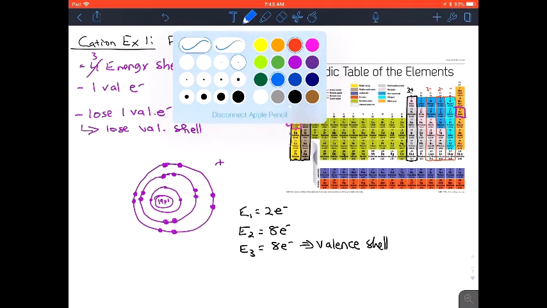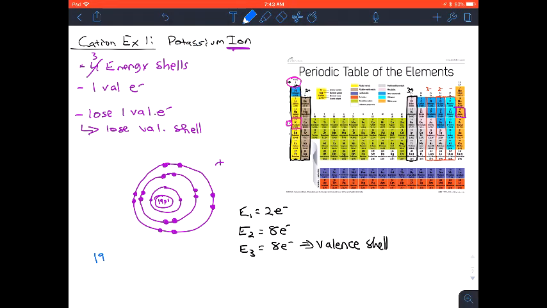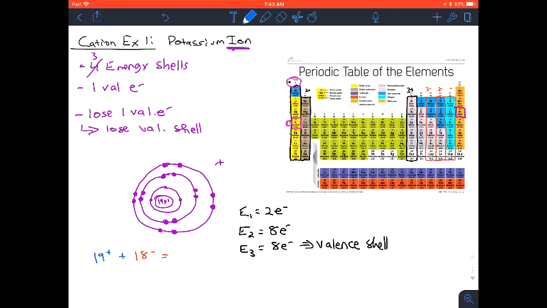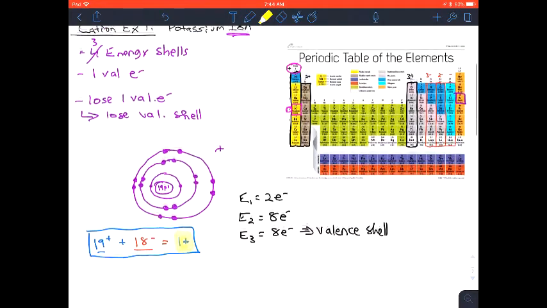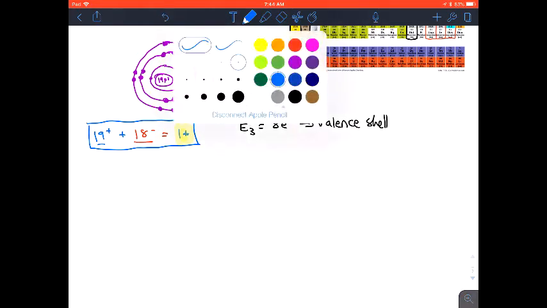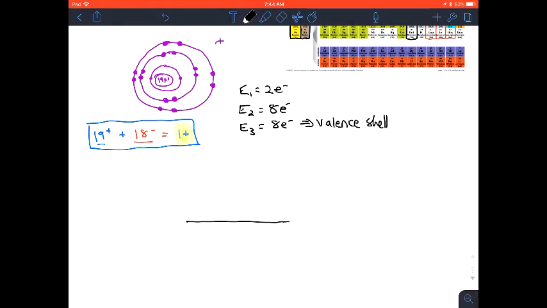So, if we have 19 positive charges and we add 18 negative charges, you're going to wind up with a sum of 1 positive. So it's simple algebra. If you understand it mathematically, this is the mathematical explanation. Now, some people are visual. So here's a visual explanation. For example, a seesaw.